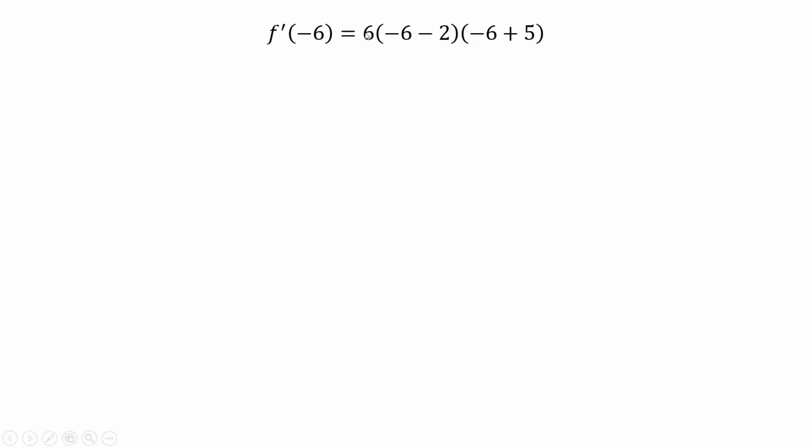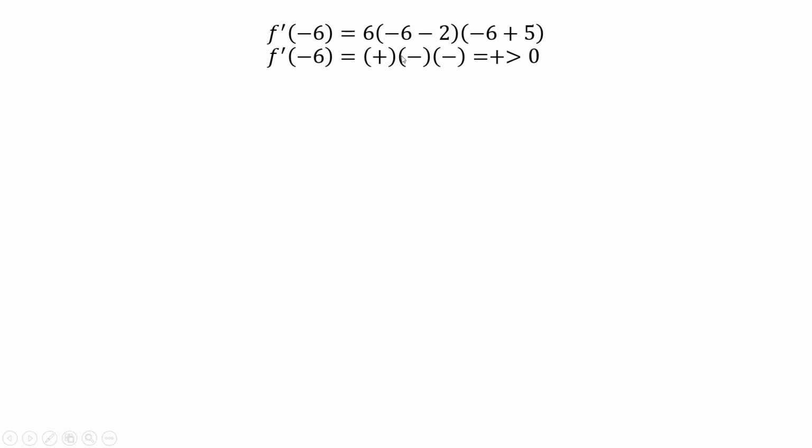So when I plug in -6, I have 6 times -6 minus 2 times -6 plus 5. It actually doesn't matter what this number is. All that matters is, is it positive or negative? So when I have 6 here, that's a positive. -6 minus 2 is a negative, and -6 plus 5 is a negative.